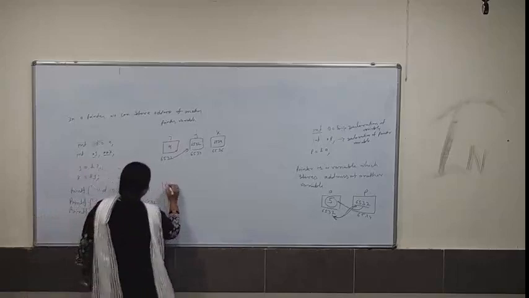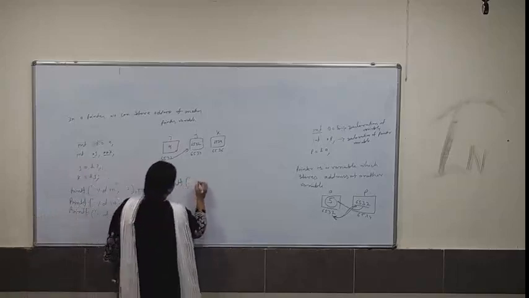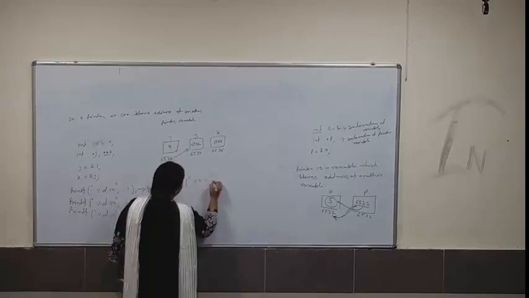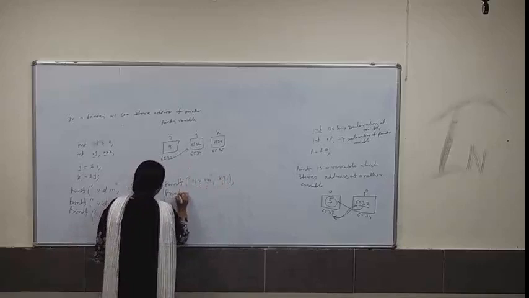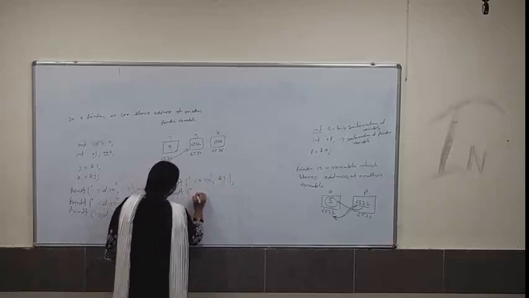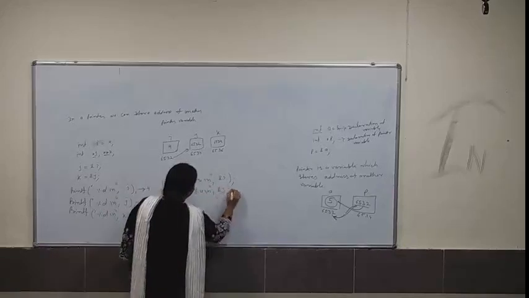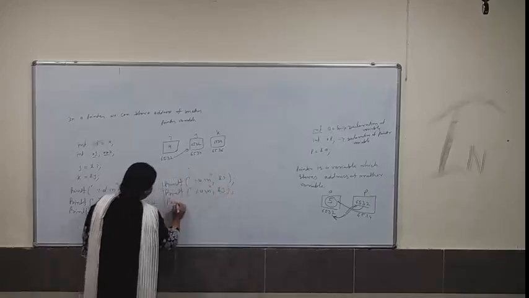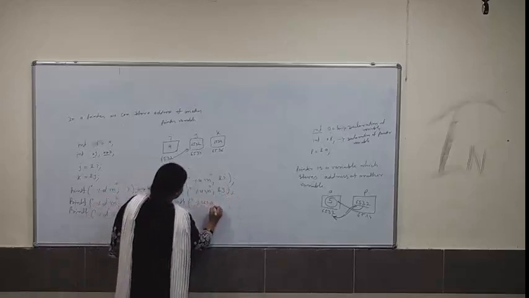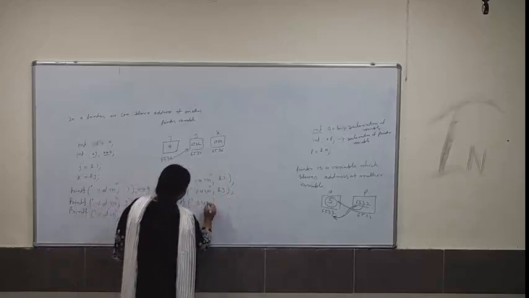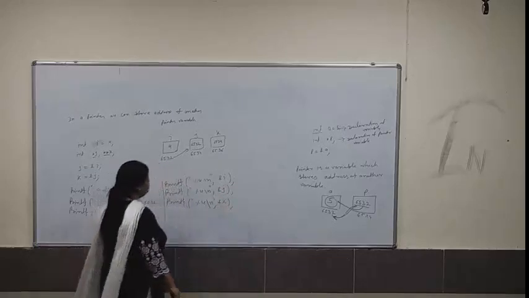Similarly, if I write for the same problem printf("%u\n", &i), &j, and printf("%u\n", &k), then what will be the result for these three?